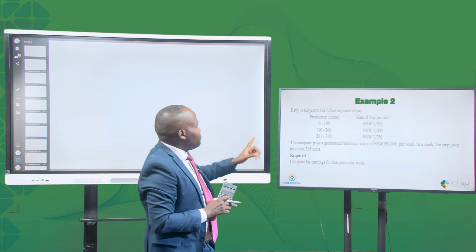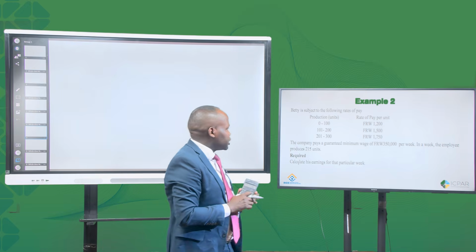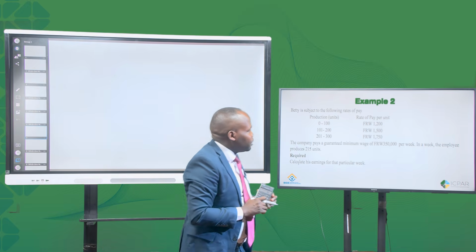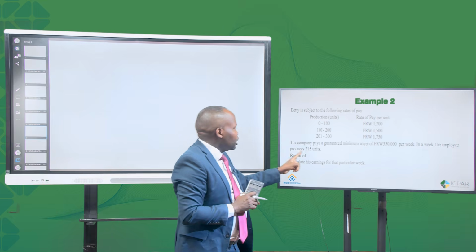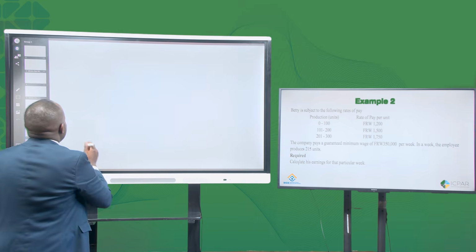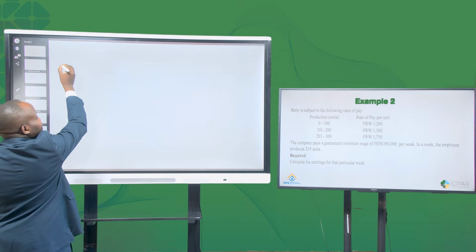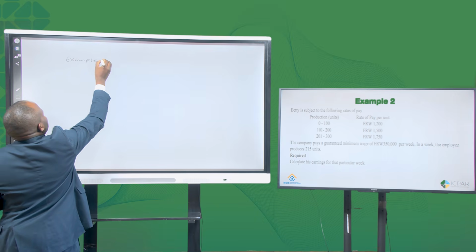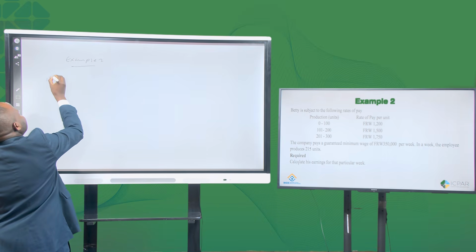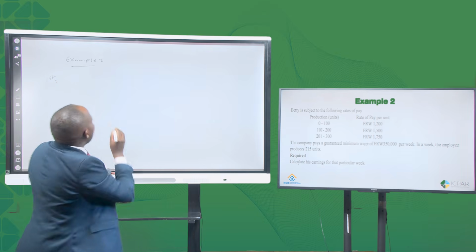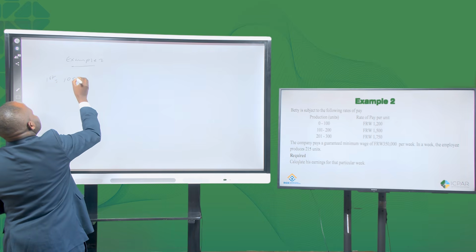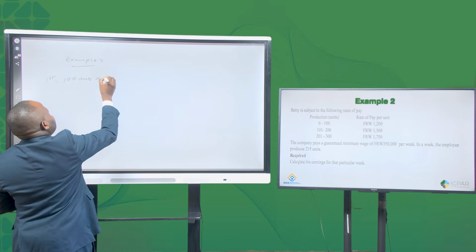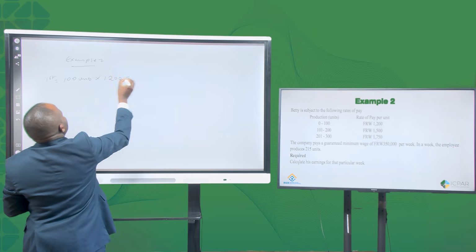is Betty is subject to the following rates of pay. The company pays a guaranteed minimum of 350, and in a week he produced 215. Now, example 2, so there is the first 100 units times the rate of pay is 1,200.